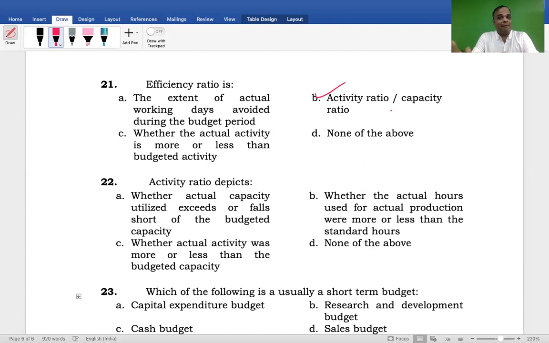It is comparing with the capacity only, not with hours. Therefore, C is the correct answer.